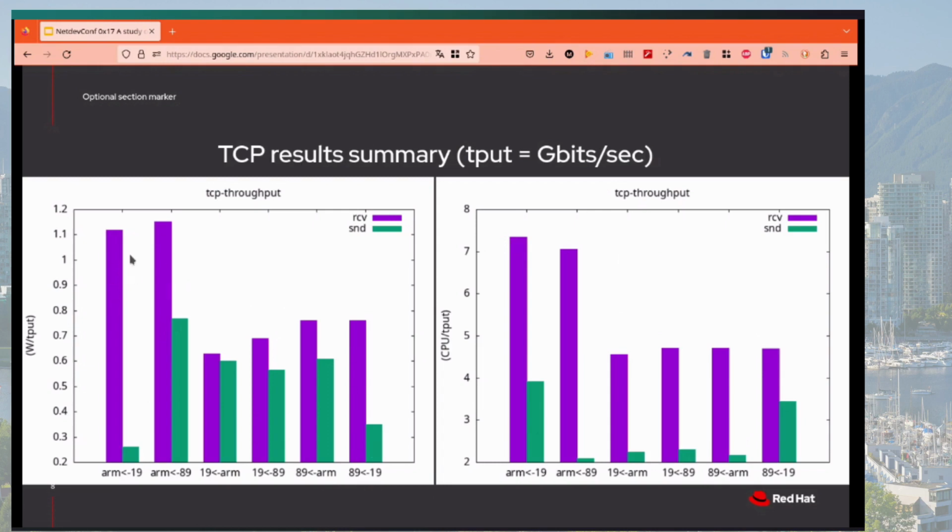So ARM here was really off the charts. And on CPU time per throughput, same thing, it was off the charts. And the other ones, they look okay. No surprise in there. When ARM was sending, we can see that it was also okay. No surprises in there.